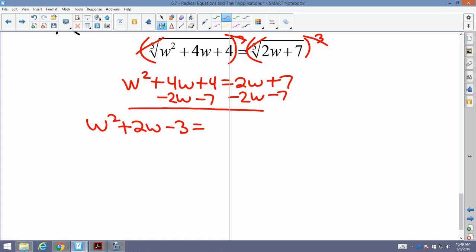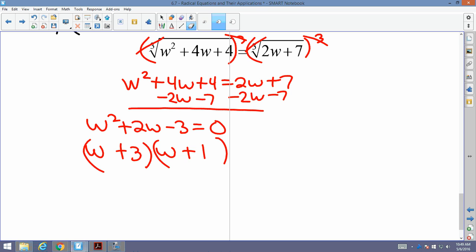Great job. See? Don't make a mountain out of a molehill, guys. This is going to be positive 3 and negative 1. Equals 0. So w, using the zero product property, equals negative 3 and 1.